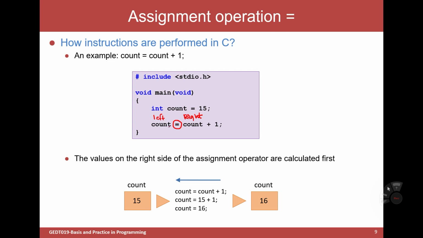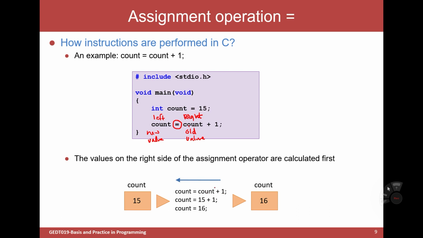This is on the left of the equal, this is on the right of the equal. If we have the same variable on the left and on the right, the one on the right is the old value of the variable, and the one on the left will be the new value. So the operation will be like this: count equals count plus 1.